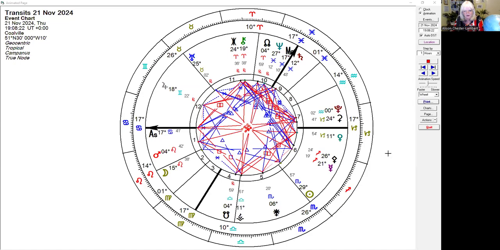in a chart. Okay, now this is a transiting chart, but it could easily be a birth chart. If there was a baby born in this room right now, this would be its birth chart, but it's not, it's a transiting chart. For the purposes of transiting astrology, we use planets.